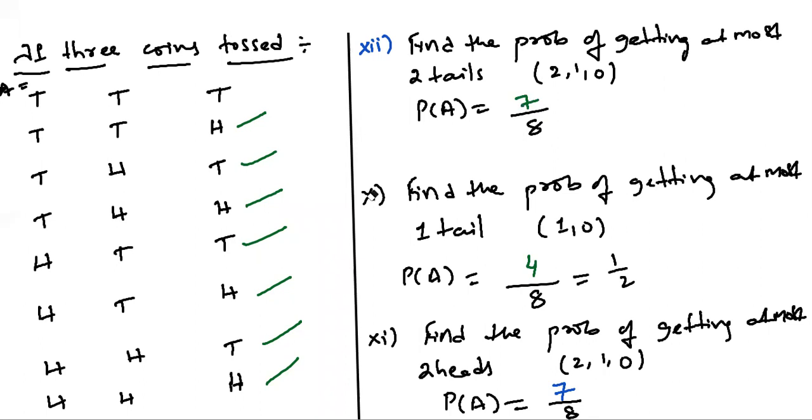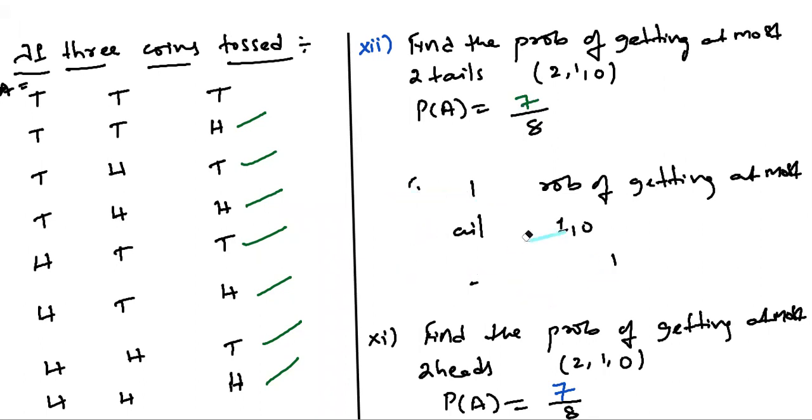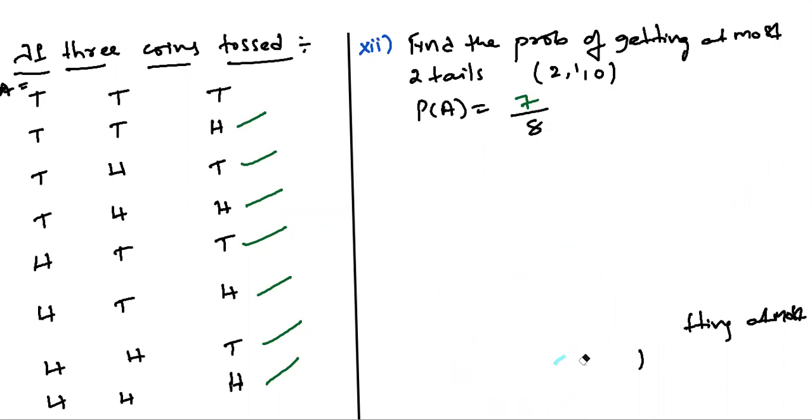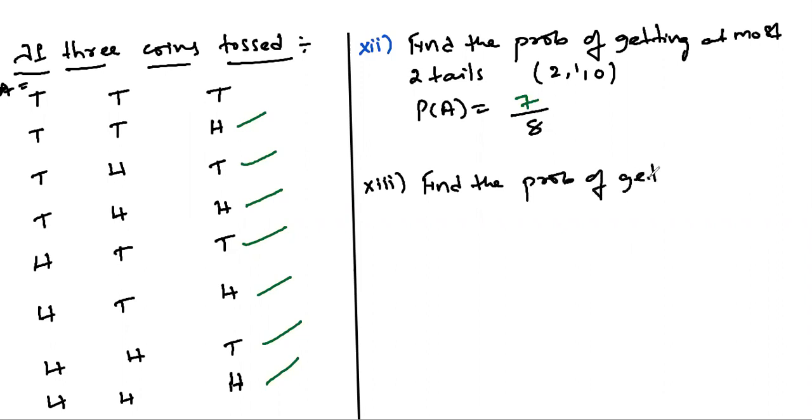Next, find the probability of getting at most 3 heads. So that means you have to take 3, 2, 1, 0.